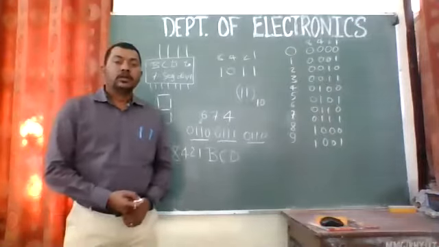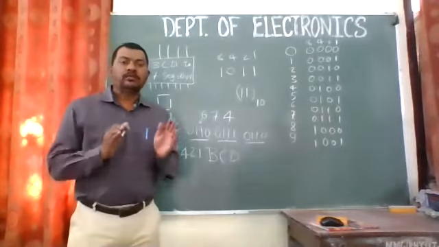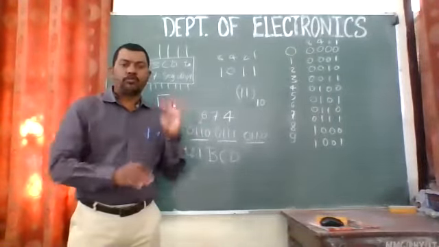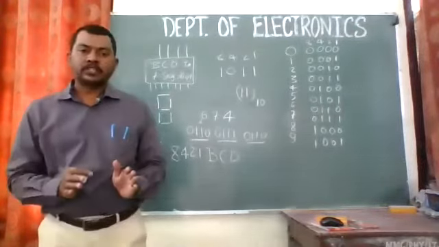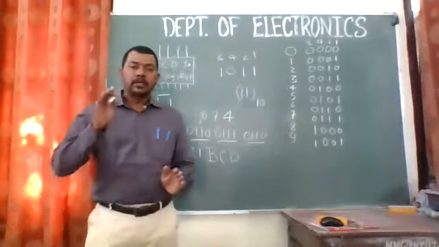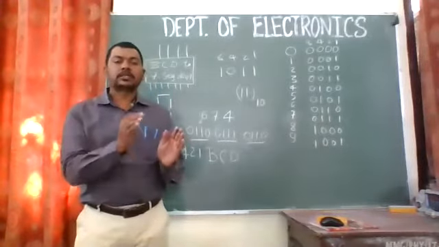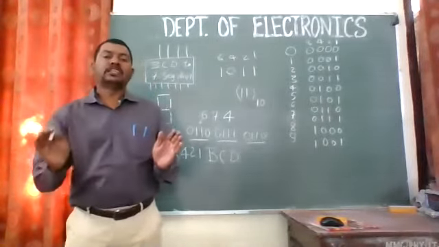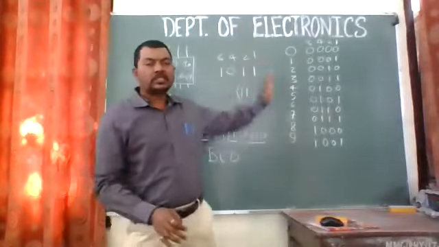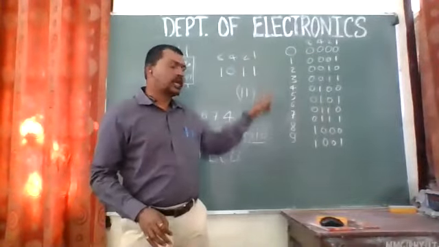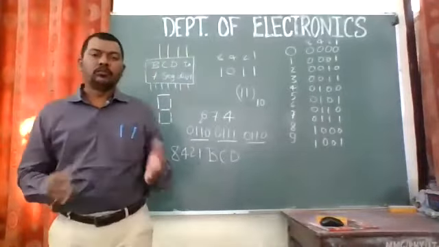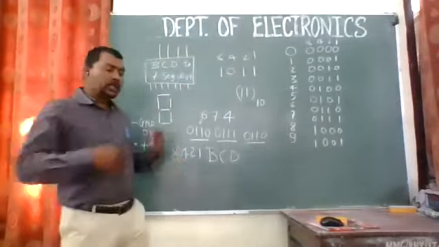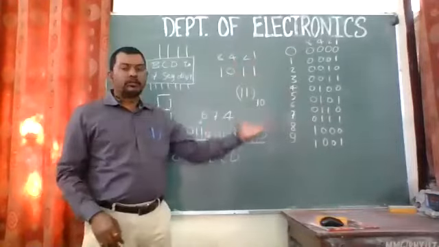8421 BCD code means 8421 are the weightages on those particular 4 bits. BCD means each digit of a decimal number is converted into binary, that is, binary coded decimal. Decimal means only these 10 symbols, from 0 to 9, because in one digit there are no other numbers than these.